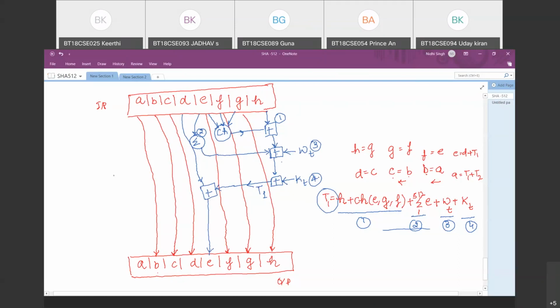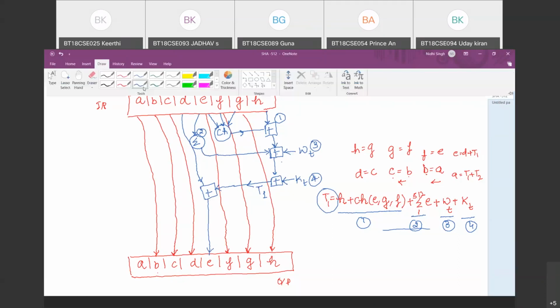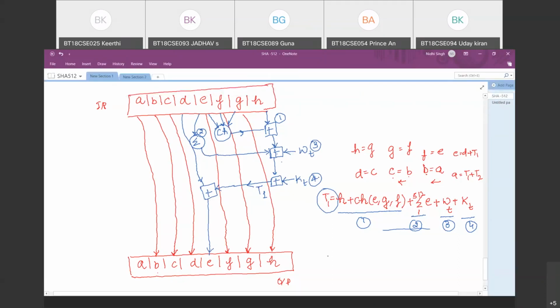Then what will be my T2? For T2 there is separate formula. T2 is saying summation operation from 0 to 512. ये सब याद करना पड़ेगा, ठीक है, ये ऑलरेडी है SHA में. तो majority ABC, majority function ABC. So we have to apply majority function over ABC, ठीक है.